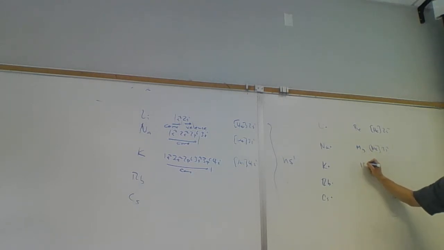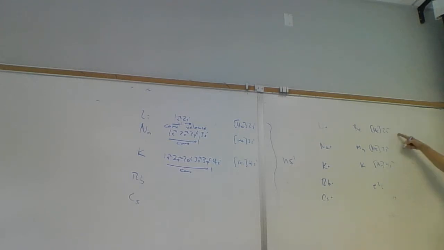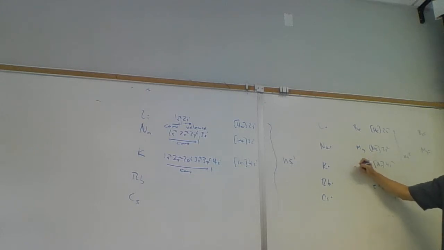And then potassium would be argon 4s2, etc. When we look at the pattern for the alkaline earths, it's all ns2, which means all these have two valence electrons. So beryllium, we would show two dots like this. Magnesium, we show two dots like this. Calcium, sorry, we would show two dots like this.